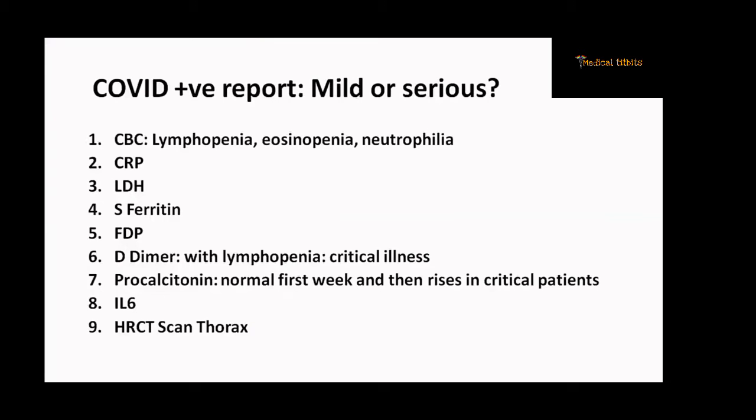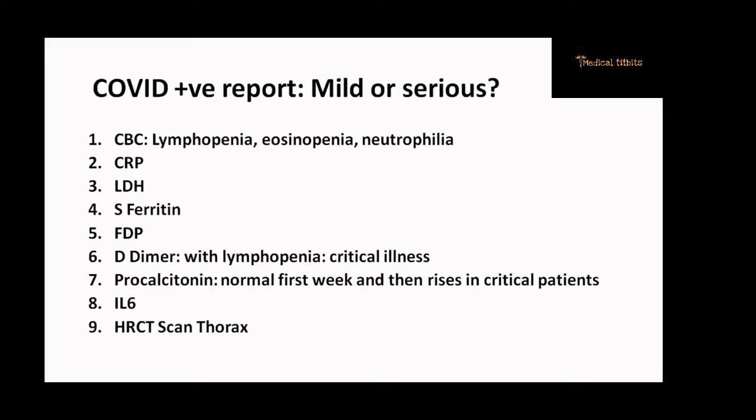And whenever we get a COVID report positive, the first and foremost question which comes to our mind is whether my disease will be mild or it will turn out to be serious. The simple thing is, if we get a couple of tests done, then probably we can know.